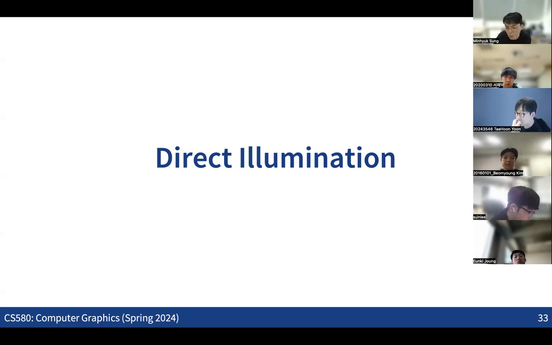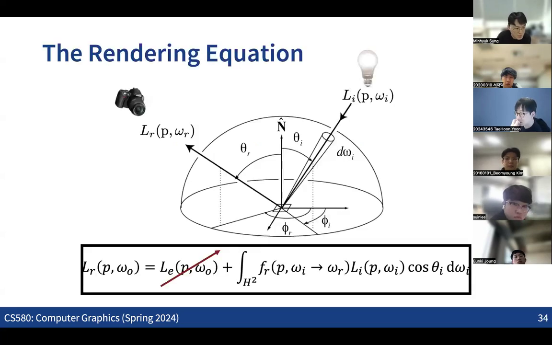If we go back to our rendering equation, it was defined like this. As I said in the previous lecture, rendering is all about calculating the radiance for each direction.